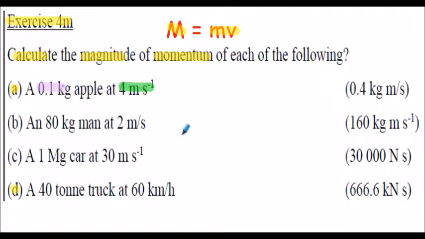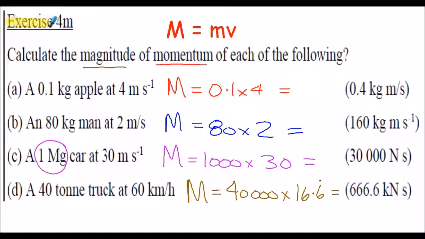But notice in the third question here, part C, the mass is 1 megagram. And in the fourth question here, part D, the mass is in tons and also the velocity is in kilometers per hour. So be very careful with your conversions there. I'd encourage you to stop the presentation and attempt those 4 little questions. The answers are shown in the brackets on the right hand side with various units noted.